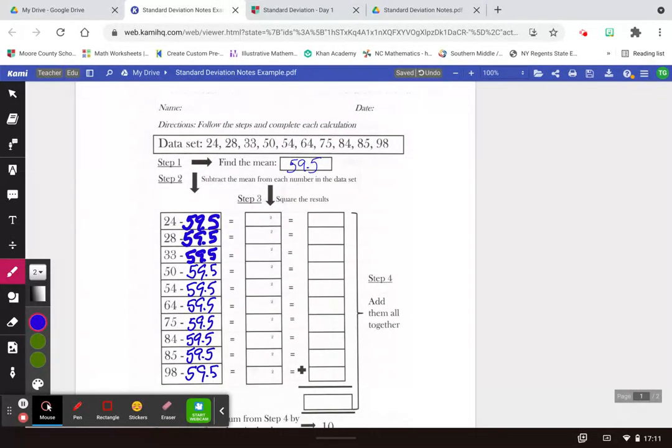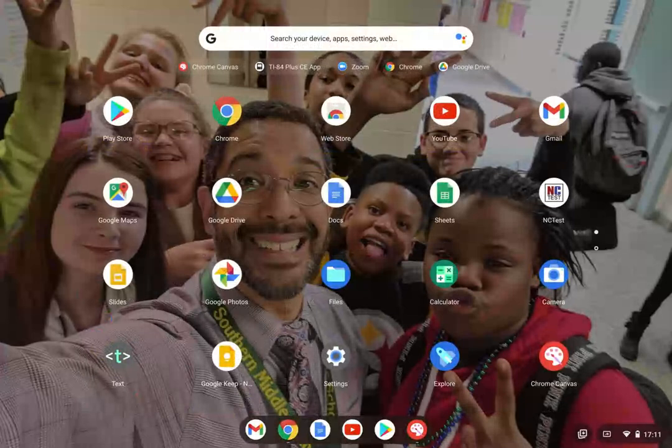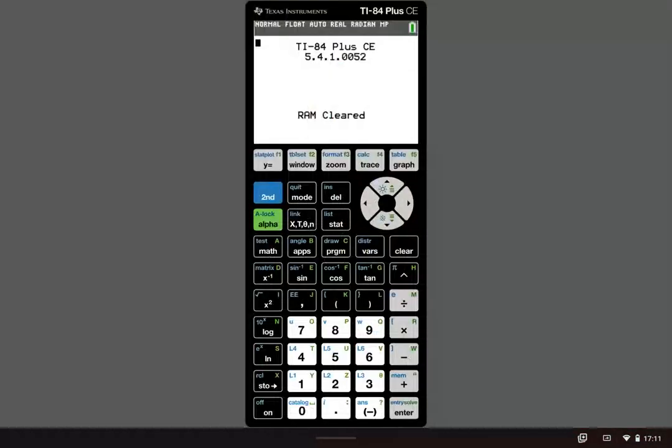So if you look at that first column, you've got 24 minus 59.5. So you type on your calculator 24 minus 59.5, and that gives you a negative 35.5. Now notice there that you've got a little 2 there, meaning you're going to square that result. Okay, so when you do this, and there again, depending on which calculator you use, if you're using the TI-84, remember you're going to have to use parentheses.